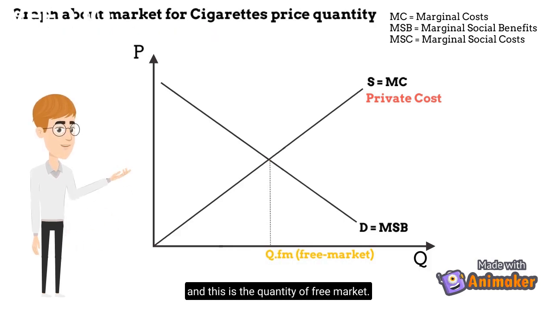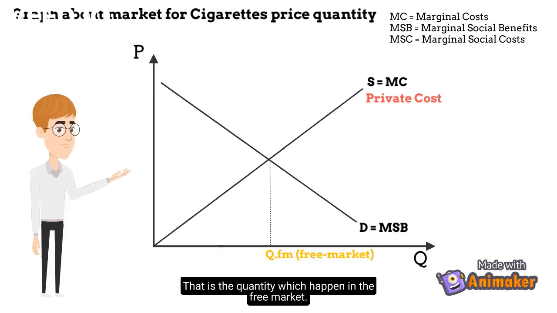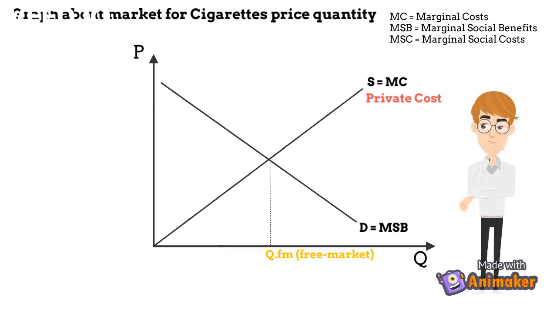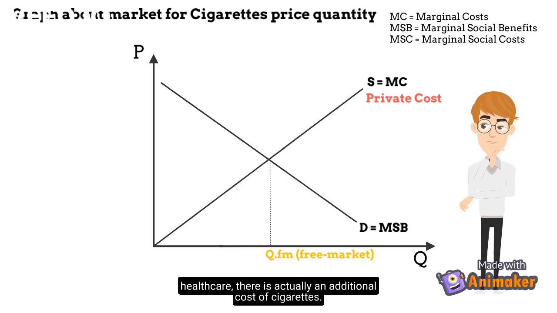And this is the quantity of the free market, that is the quantity which happens in the free market. But if you factor in the additional cost to society, the additional cost of cigarettes, where other people die from second-hand smoke, or get cancer, or they are a drain on society, and they have to pay through our tax money to pay for their health care.